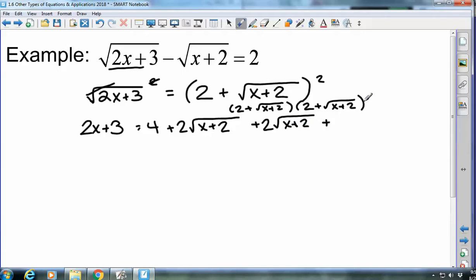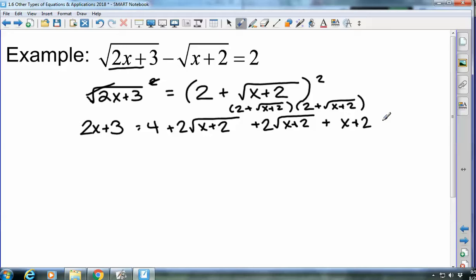Last, when you take radical x plus 2 times radical x plus 2, what happens? It drops the radical. It's like having the square root of x plus 2 squared. So the square root goes away and just leaves me with a plain x plus 2. Okay, I know that got really messy in a hurry.